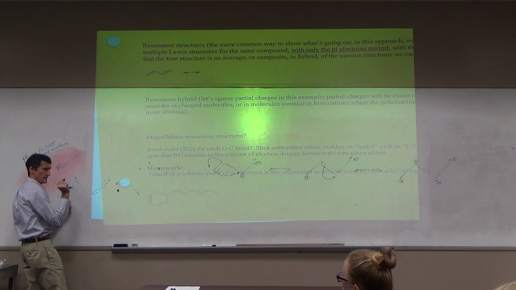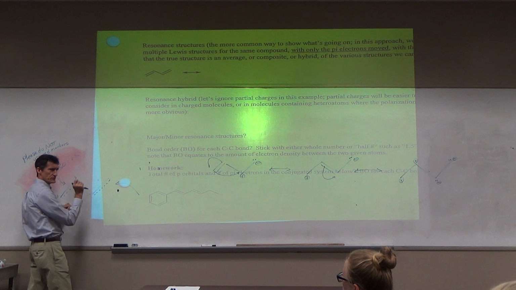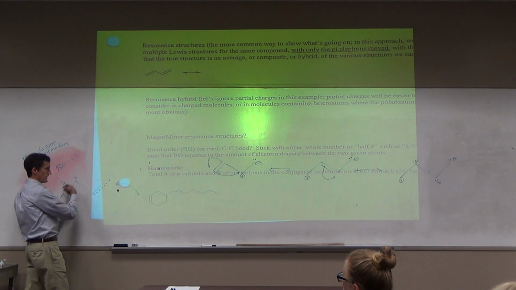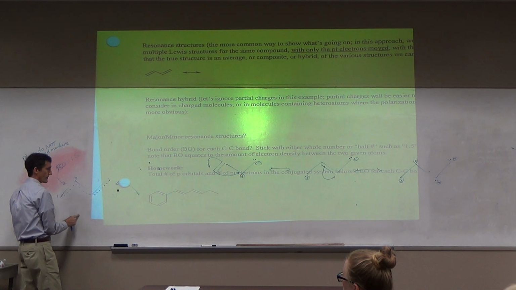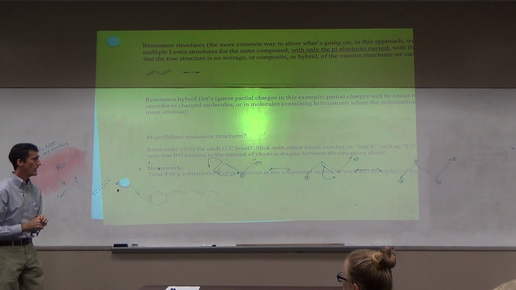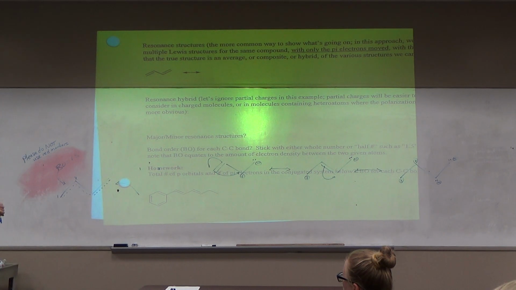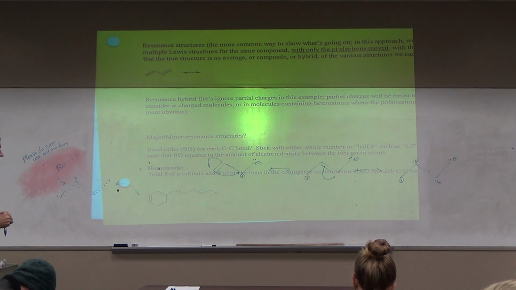And again, I think in real life we say electron density. Semi yes. I don't know about moving electrons. But it's all in there. It's one system. And the problem is you don't want to say the electrons are moving back and forth. That starts to get into trouble a little bit.